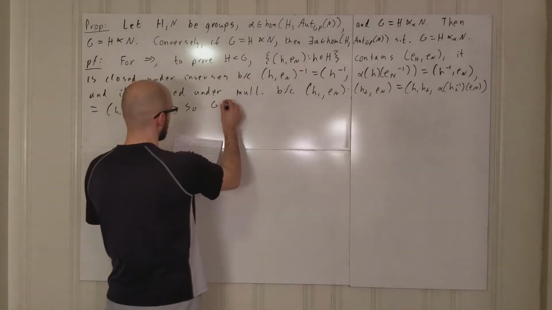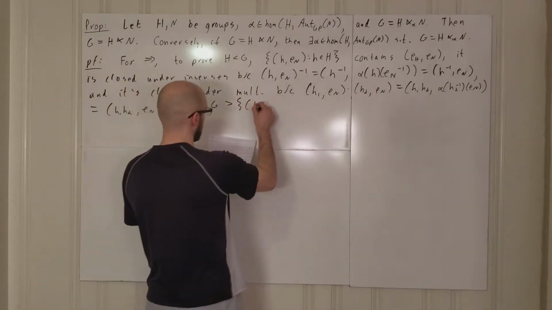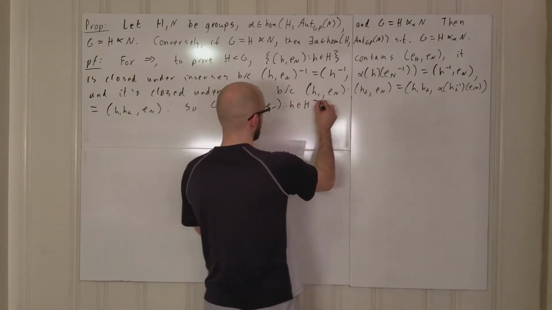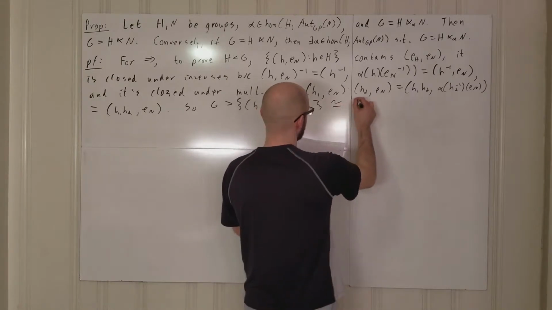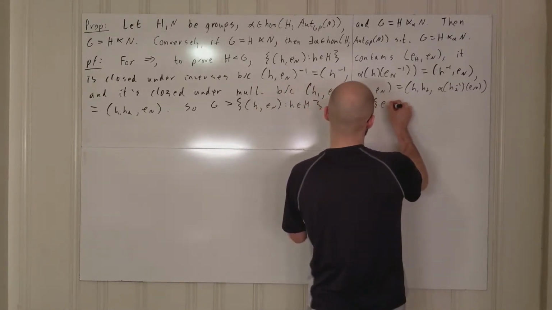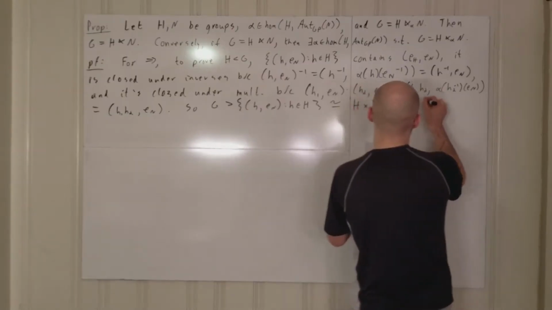So G contains as a subgroup H comma En, and this we can see is isomorphic to H cross En. Here I decided to be careful with my isomorphisms.